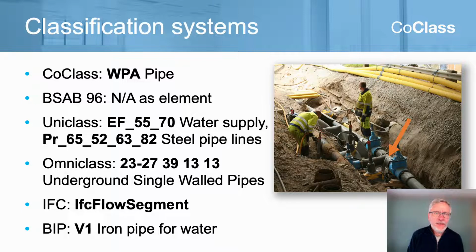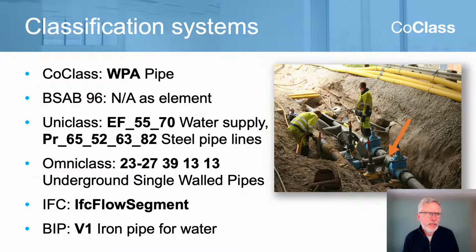And in the Swedish system BIP, which is a very pragmatic way of assigning codes to objects, V1 is the code for water pipe. V is for the Swedish word vatten. Water is spelled with a single V. So there are many ways, even though you have a standard. Sometimes you can translate between them, but often it's very difficult.